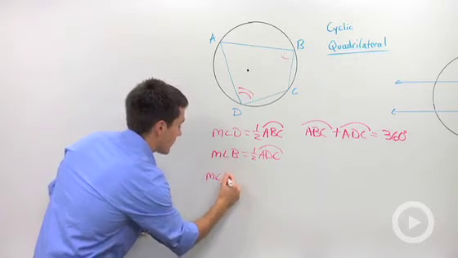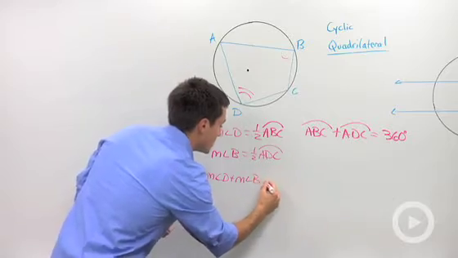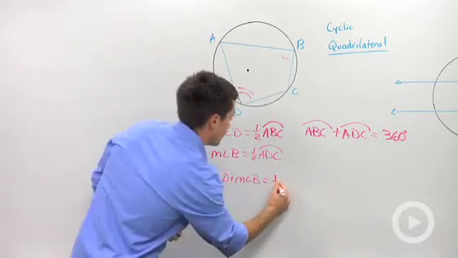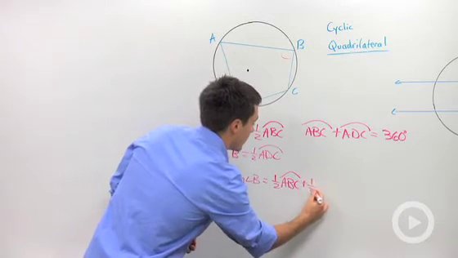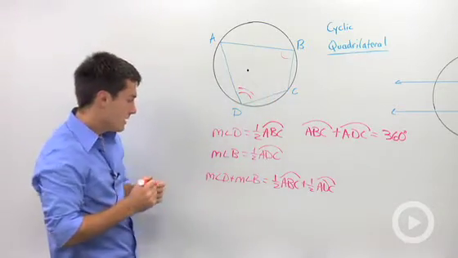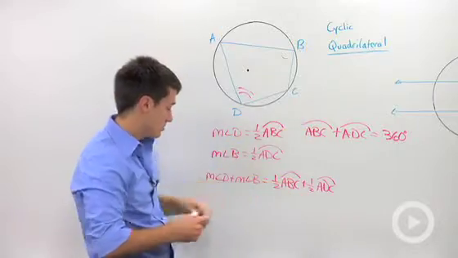So I'm going to say measure of angle D plus measure of angle B is equal to, I'm just going to substitute in, 1/2 arc ABC plus 1/2 arc ADC. Well, if I solve this equation for one of these variables, then I can substitute in.